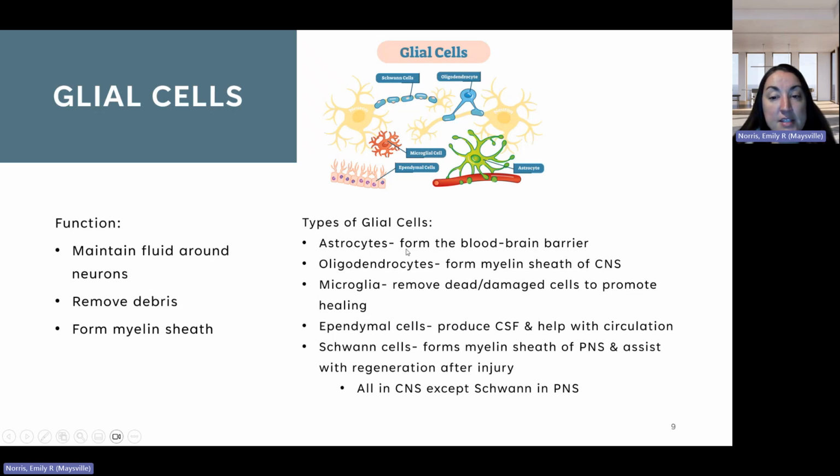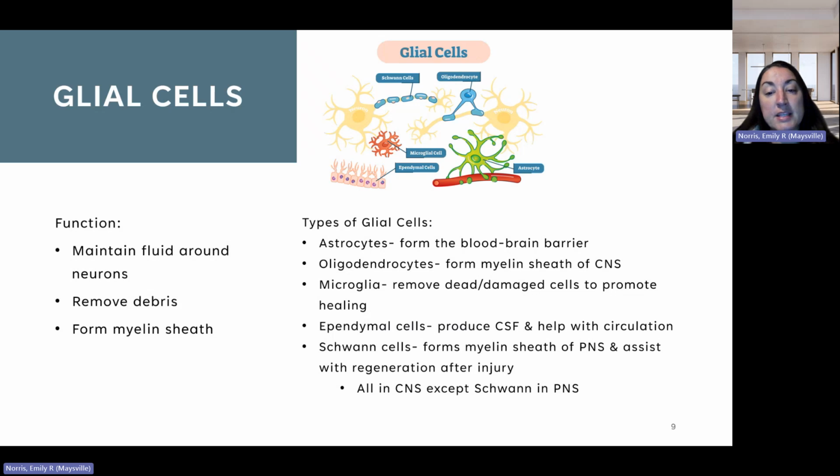So astrocytes, that forms that blood-brain barrier that keeps certain substances, such as certain drugs or certain toxins, from entering the brain. The oligodendrocytes, that is what forms the myelin of the central nervous system versus the Schwann cells in the peripheral nervous system. So oligodendrocytes form the myelin in the brain and spinal cord.